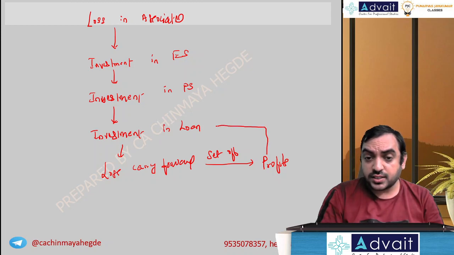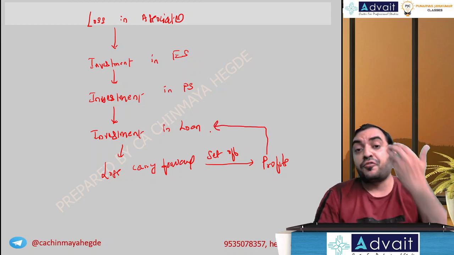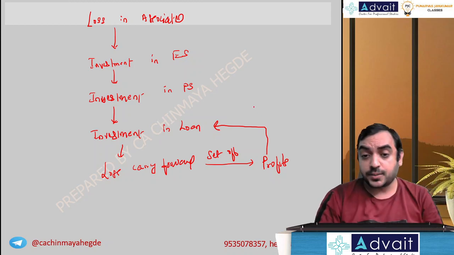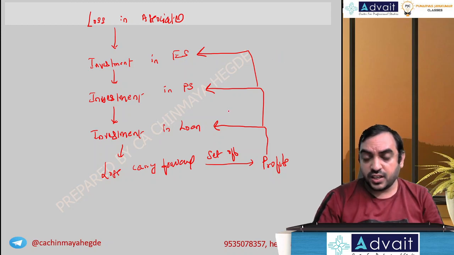So first you recognize the profits. Whatever loss was recognized with respect to loan, you adjust that first. Then you adjust against preference shares.